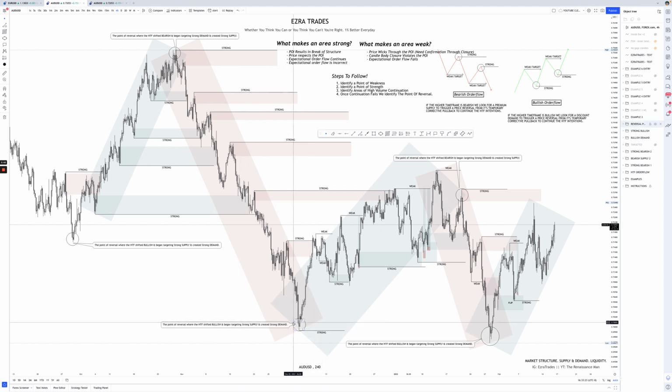The point of reversal where the higher time frame shifted bullish and began targeting strong supplies and created strong demands. Now in this case, because this is higher time frame bearish order flow, if you look at this tip that I have here, if the higher time frame is bearish, we'll look for a premium supply that might trigger a price reversal from its temporary corrective pullback to continue the higher time frame intentions.